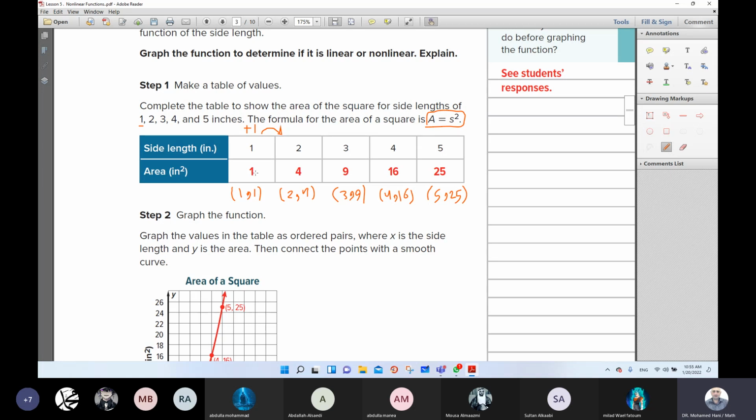And here we have 1, then 4, then 9, then 16, then 25. From 1 to 4, we have plus 3. From 4 to 9, we have plus 5. From 9 to 16, we have plus 7. So it's not linear. From 16 to 25, plus 9.